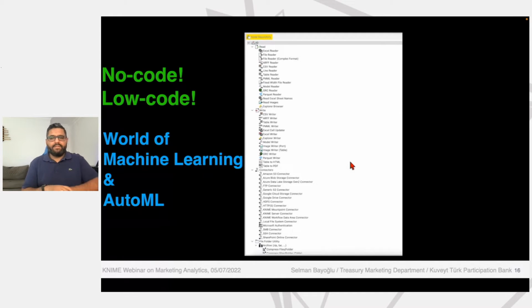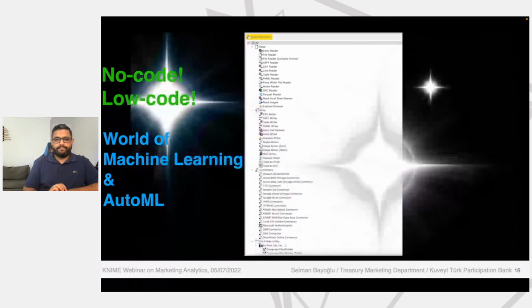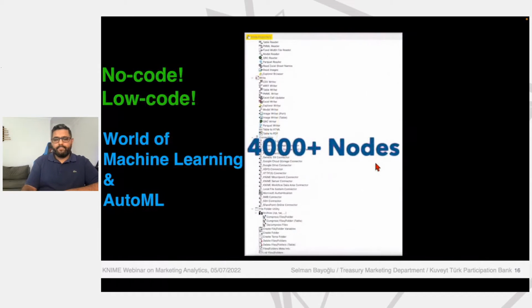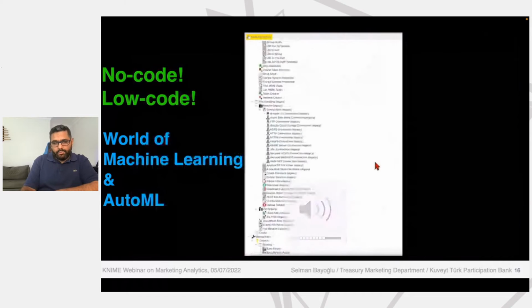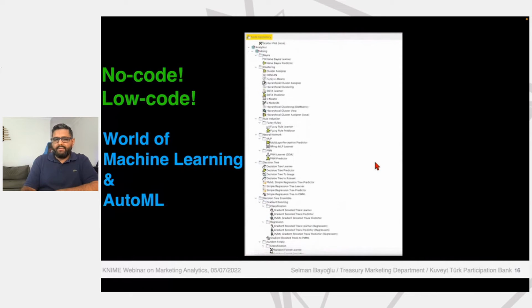Here we have the node repository, unbelievable. I just tried to show you how many we have here. More than 4,000 nodes for many things.